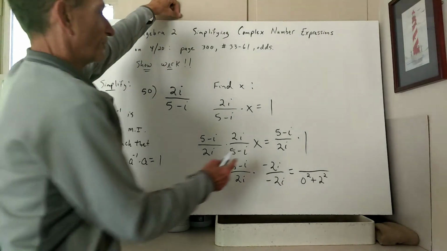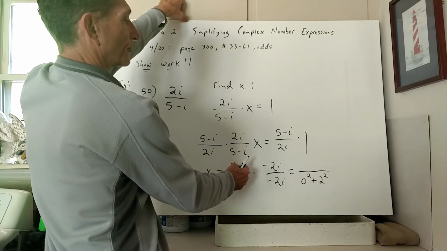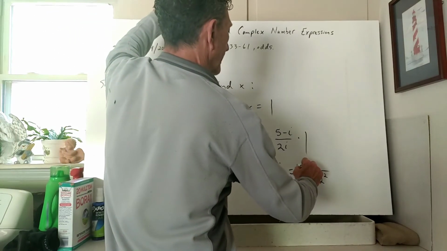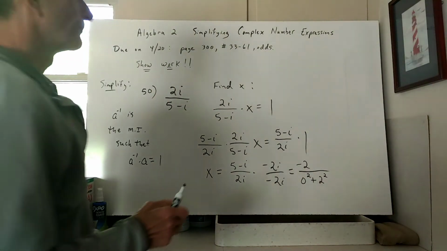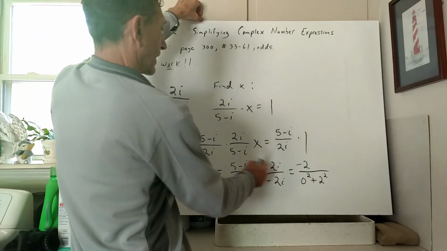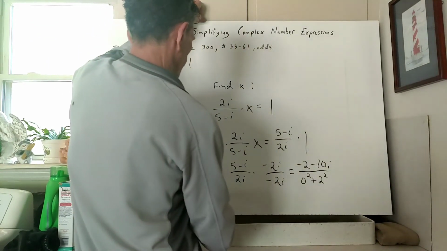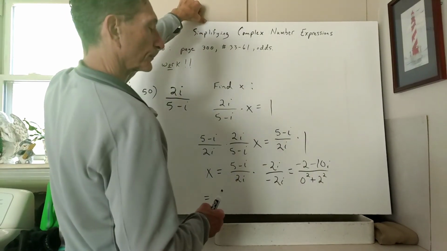The top, we distribute negative 2i, and I'll go ahead and do negative 2i times negative i first, and that'll give me positive 2i squared. i squared is negative 1. So positive 2i squared is negative 2. And then negative 2i times 5, that'd be negative 10i. To end it, 2 squared is 4.